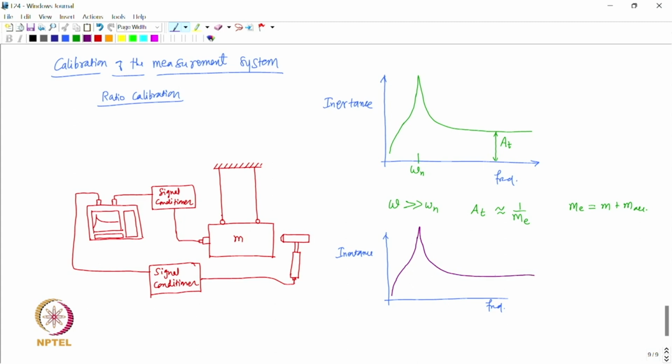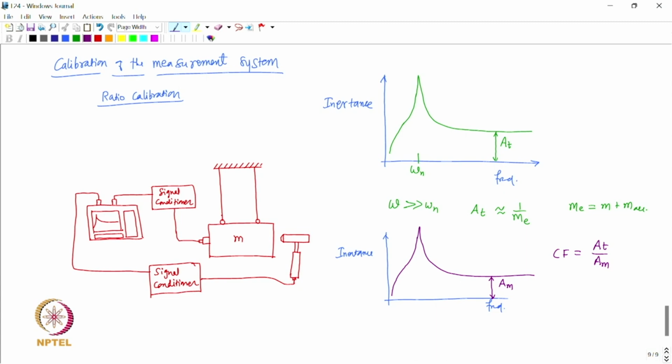And now this quantity, the absolute value of the inertance in the frequency range much above the natural frequency, let us call this AM, that is obtained by measurement. And therefore, now we can calculate the calibration factor, let us call that CF. This can be written as AT upon AM, the ratio of the estimates AT and AM. Now, AT and AM both are known, AT obtained from the theoretical estimate and AM being the measured estimate of the inertance in the frequency range omega much beyond omega n.